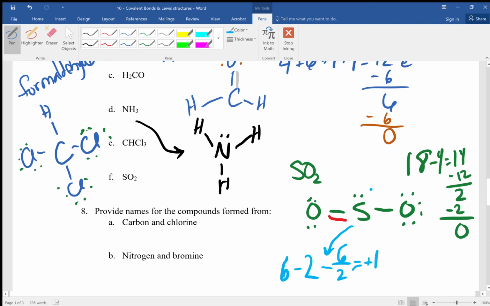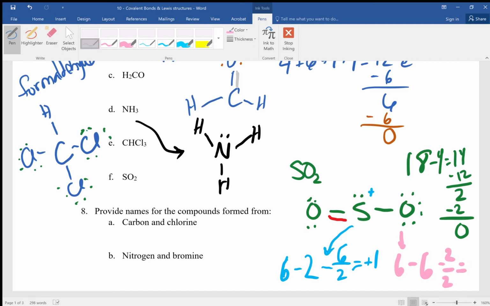So that says this sulfur has a charge of +1. The oxygen, on the other hand, should have 6. It has 6 in lone pairs and 2 in a bond. And so we get a charge of -1.